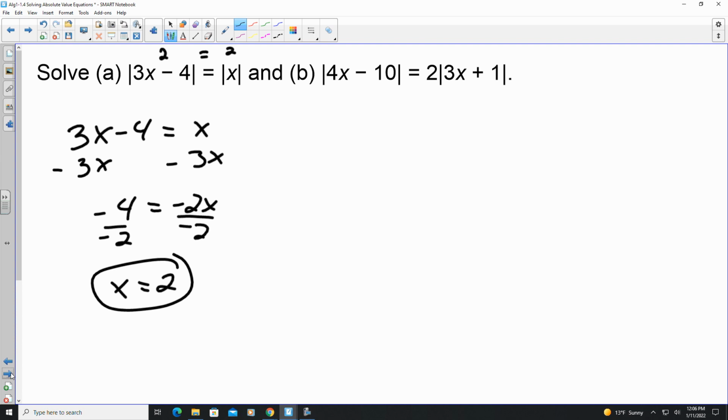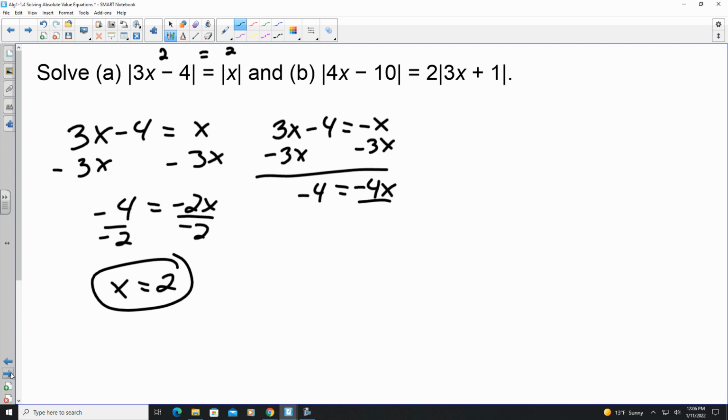If we were to go to the other version, I would say this is 3x minus 4 is equal to a negative x. If I did that, I would get -4 is equal to -4x, divide -4 to both sides, and I get x is going to be +1.